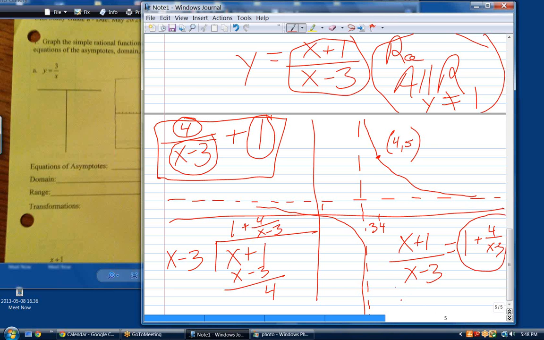I can't tell transformations from looking at that. I can tell the horizontal shift, but I can't really tell anything else. Once I've separated it into a whole number plus this, now this is real easy. 4 over x minus 3 plus 1: the plus 1 is a vertical shift, the 3 is a horizontal shift, and the vertical stretch is that 4.